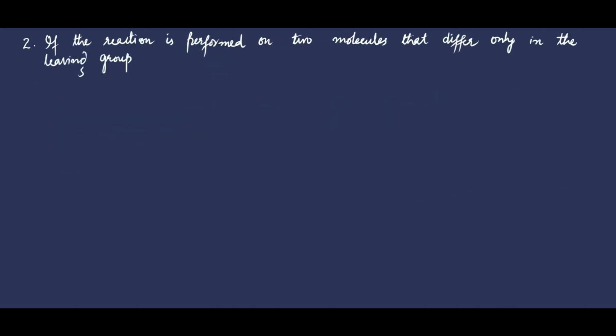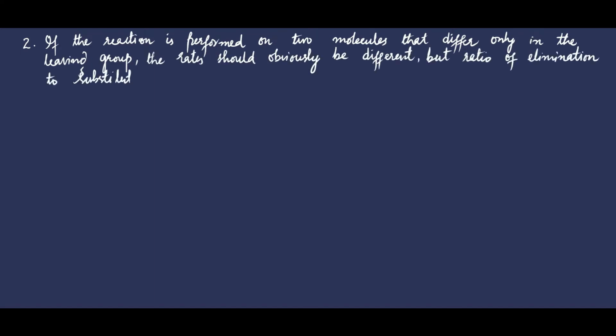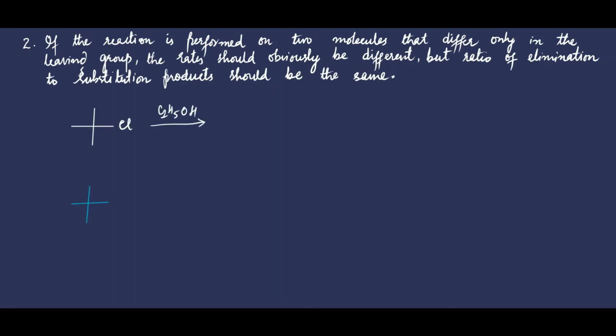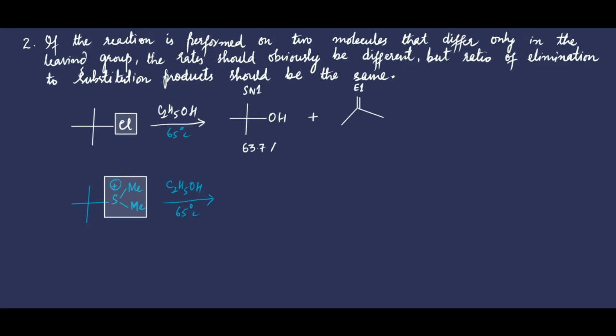If the reaction is performed on two molecules that differ only in the leaving group, the rates should obviously be different, but the ratio of elimination to substitution products should be the same. Consider these two reactants which differ only in the leaving group. When these compounds were solvolyzed at 65 degrees Celsius in 80% aqueous ethanol, the product distribution was obtained like this.